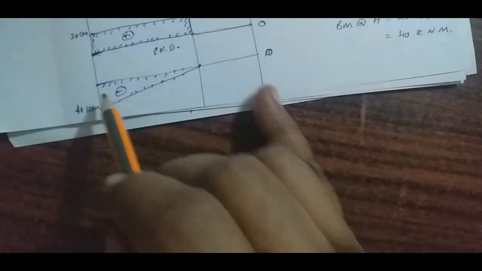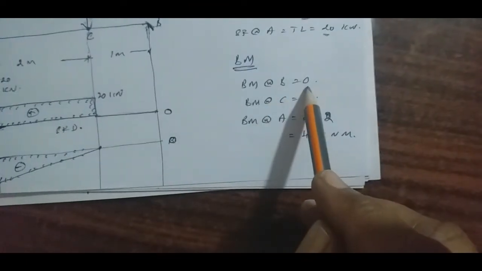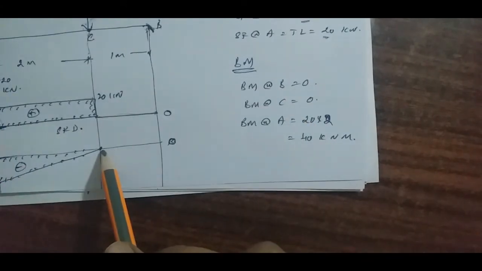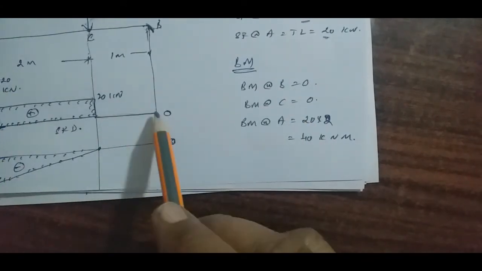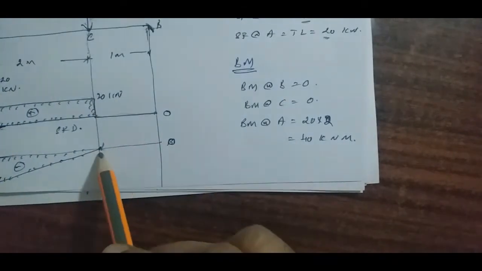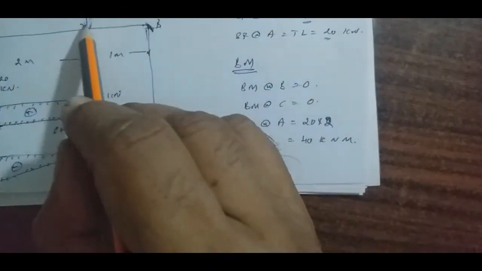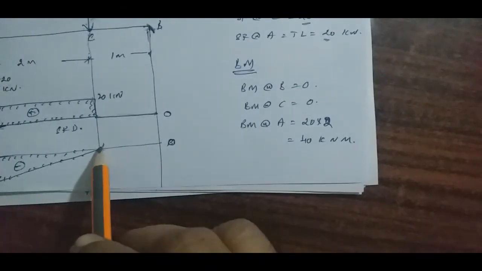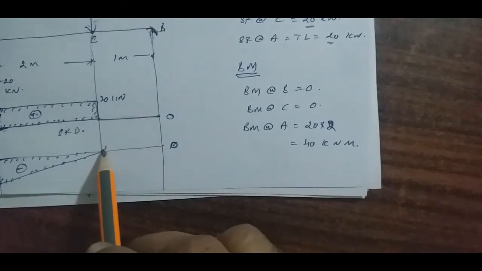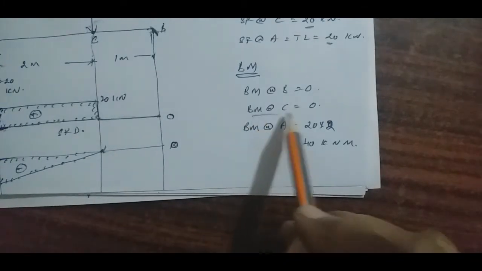Now the bending moment calculation. At B the bending moment is 0. At C also there is no load beyond it, so the bending moment starts here. The distance between the 20 kilonewton load and point C is 0, so the bending moment at C is also 0.